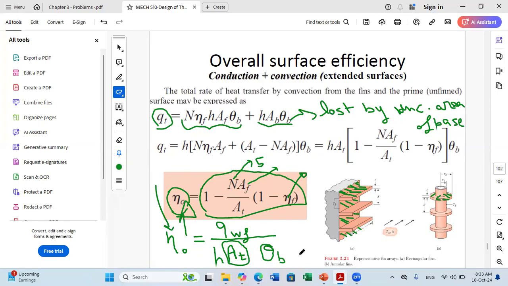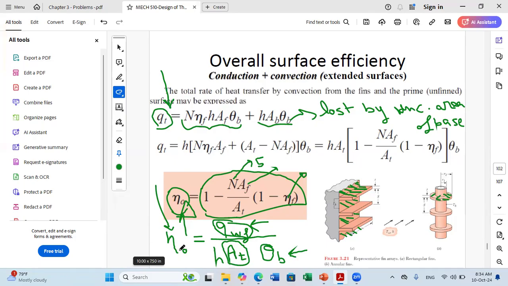So in case they ask you to find the overall efficiency, you cannot use the overall efficiency to find Q with fins. To find the Q with fins, you divide it into 2 parts. You say, I will find Q total as Q lost by fins plus Q lost by uncovered area of the base. And then once I find it, I replace Q by its value, and I replace hA total theta base to get the overall efficiency.